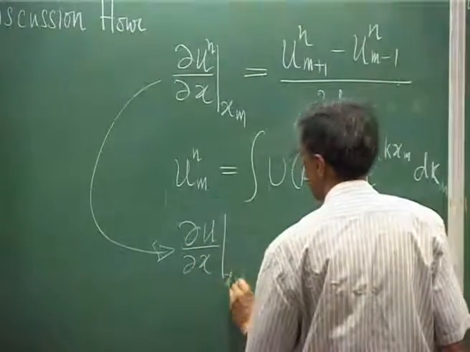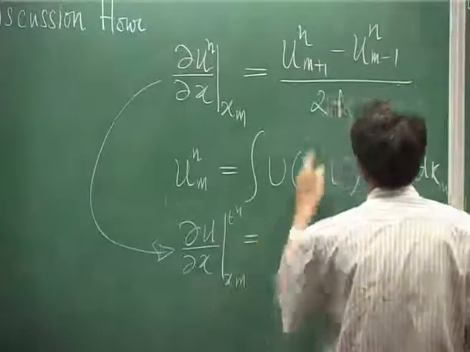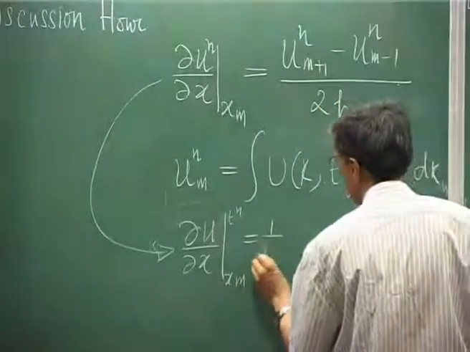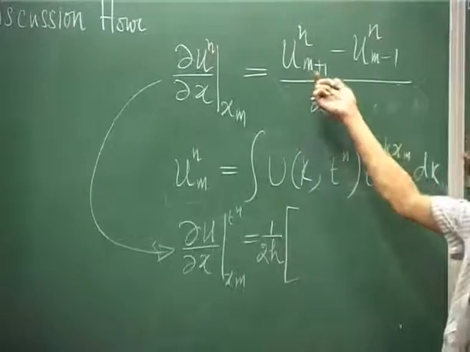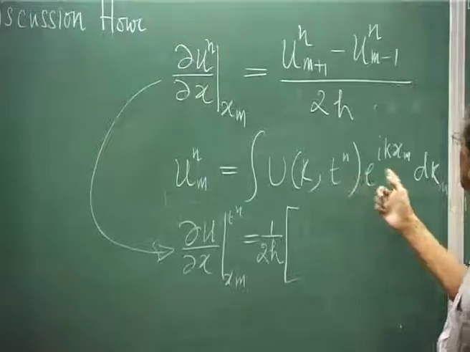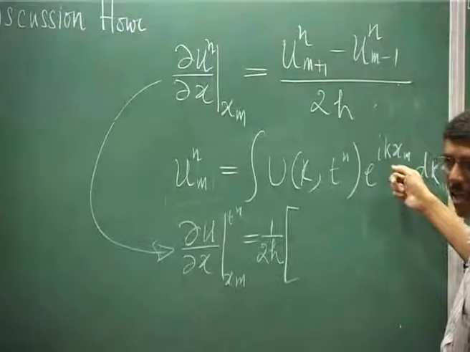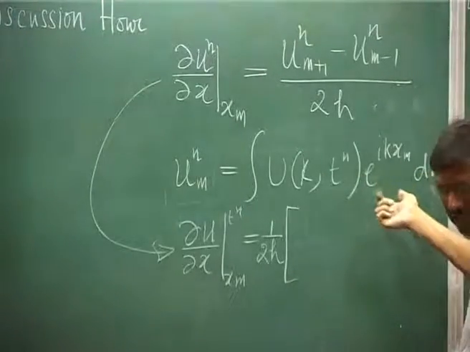So, this is at x m and T n, write this 1 over 2 h. What about this quantity m plus 1? m plus 1 means i k x m plus h, isn't it?